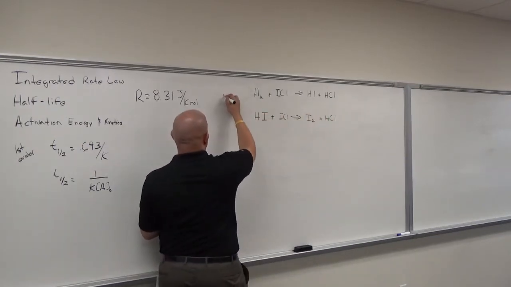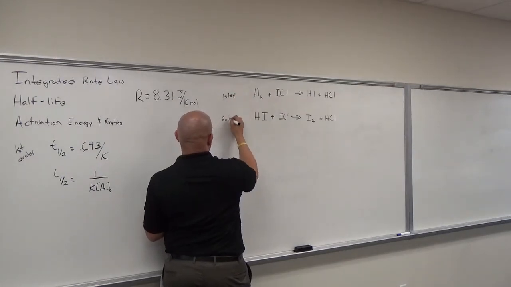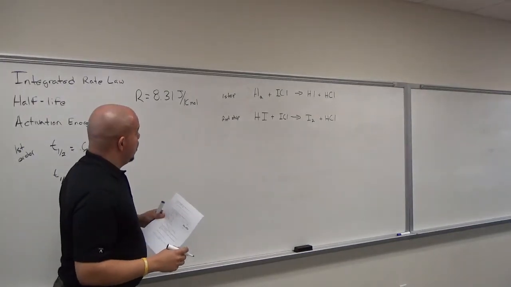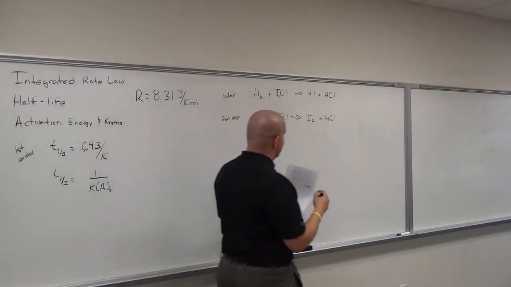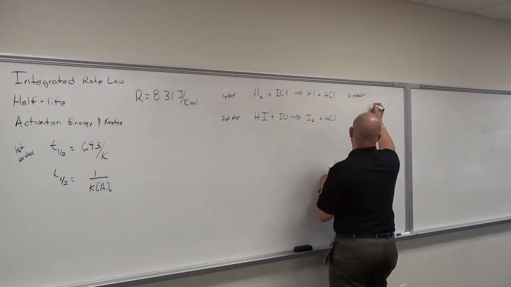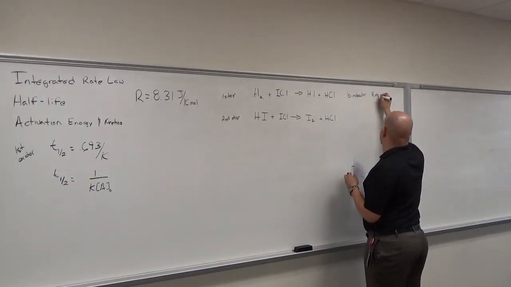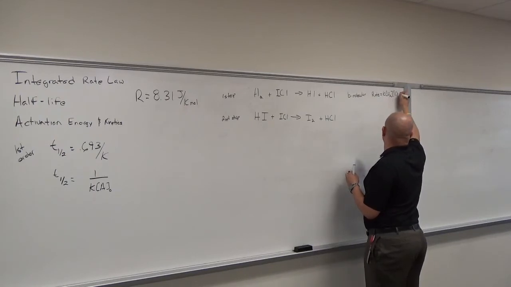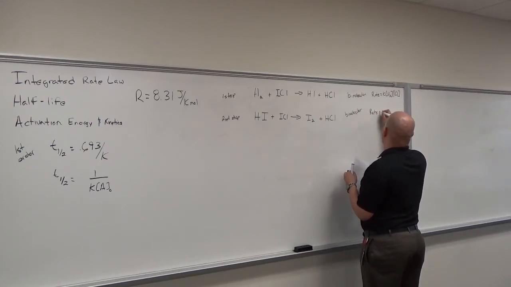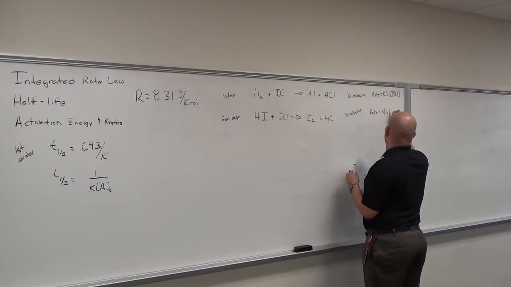All right, so if we call this the first step and this the second step, these are both bimolecular. Specifically, rate equals k[H2][ICl], and this one is also bimolecular, and we've got a rate equaling k[HI][ICl]. Okay, hopefully we see that.